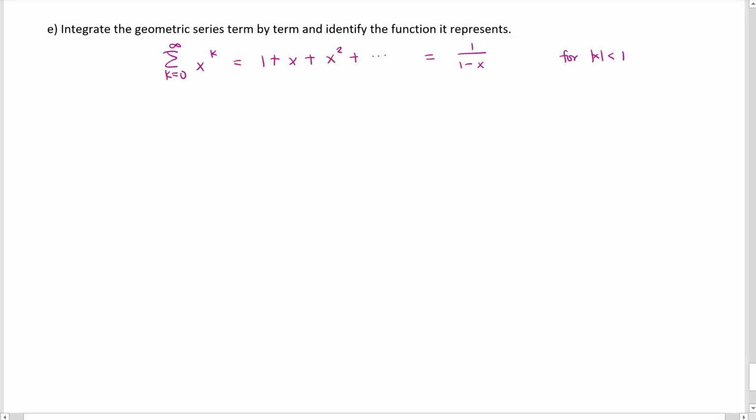We integrate the series term by term. What's the integral of 1? x, right? The integral of x is x squared over 2. The integral of x squared is x cubed over 3, plus dot dot dot. So here we integrate term by term.